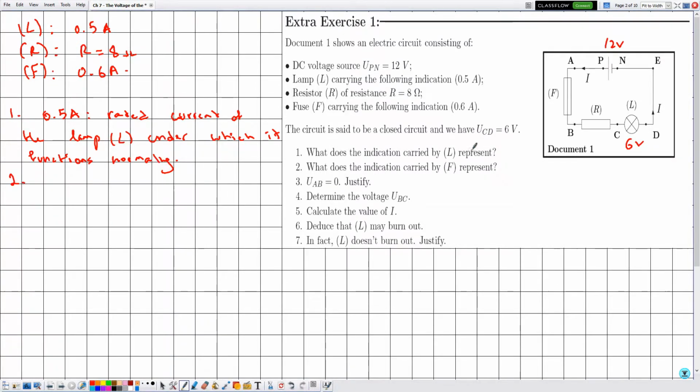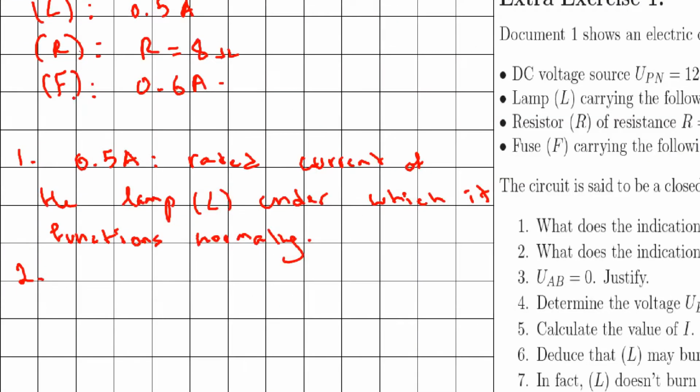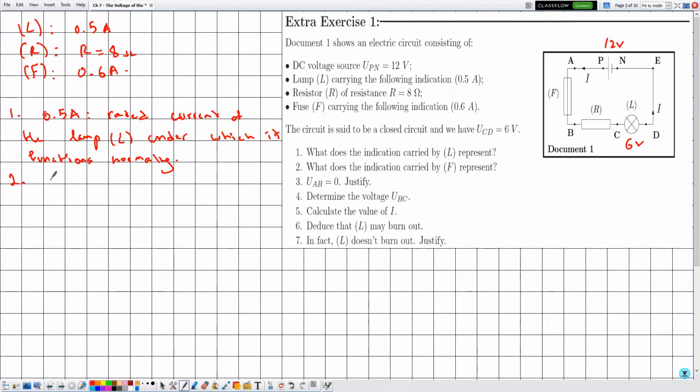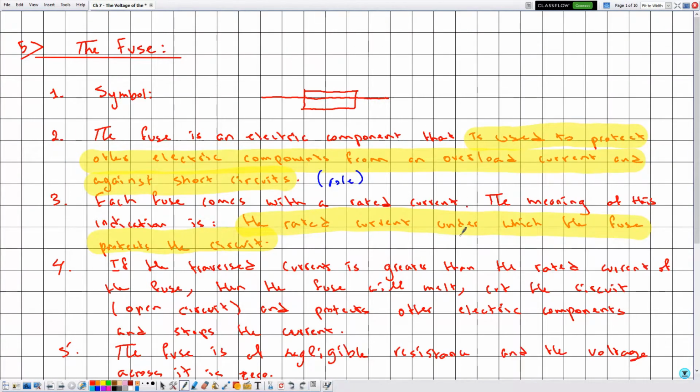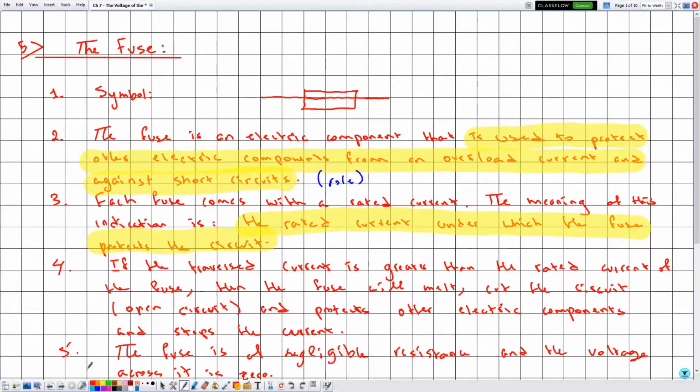Now in number 2 they are asking about the indication carried by F. So this is the indication of F. In this case F represents a fuse, and previously we have mentioned that the meaning of this indication is given by the rated current under which the fuse protects the circuit.